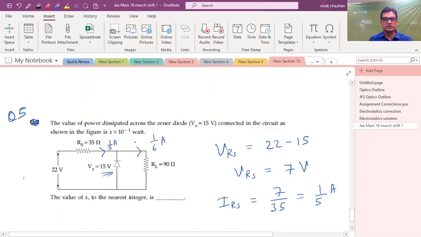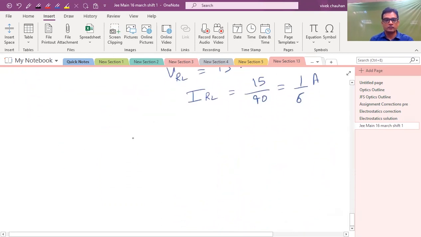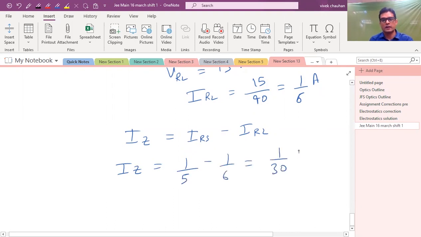So the difference of these two will be across the Zener diode. Here I can say that the current in the Zener diode, IZ, is equal to IRS minus IRL. So IZ will be equal to 1 upon 5 minus 1 by 6, which is coming out to be 1 upon 30 ampere.